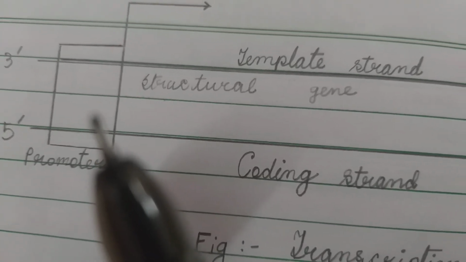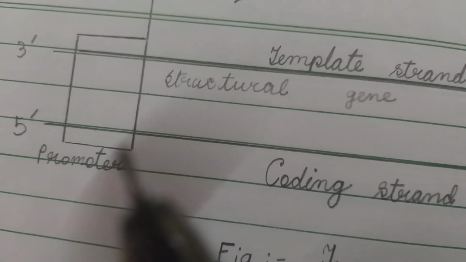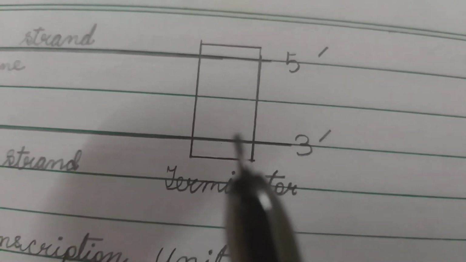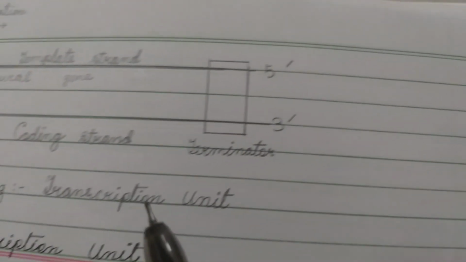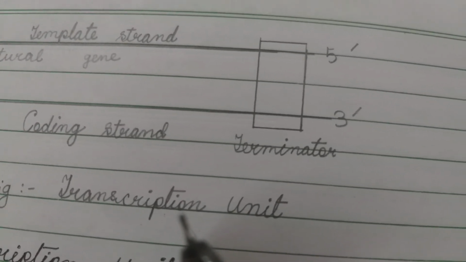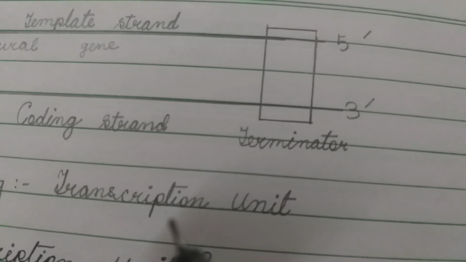It provides the binding site for the enzyme RNA polymerase. The terminator is the gene that signals termination or end of the process. When RNA polymerase reaches the terminator gene, the process of transcription is over. The process of RNA synthesis ends.